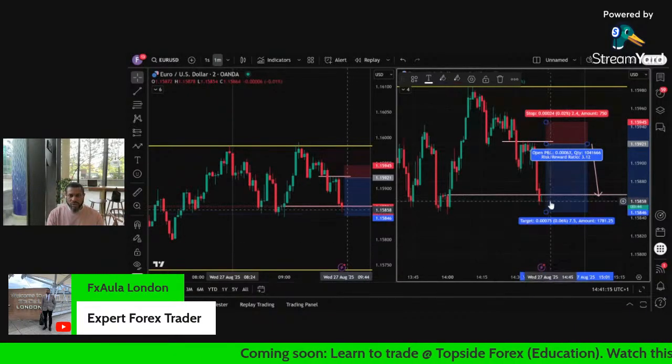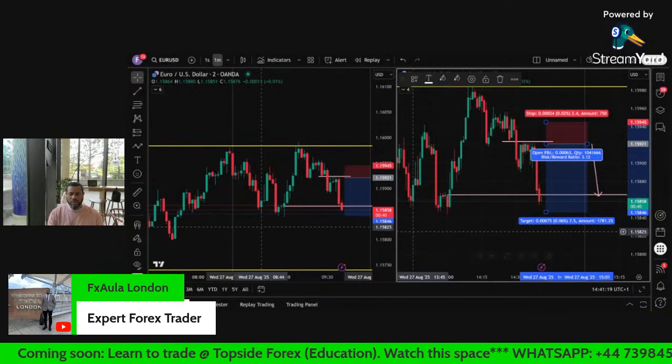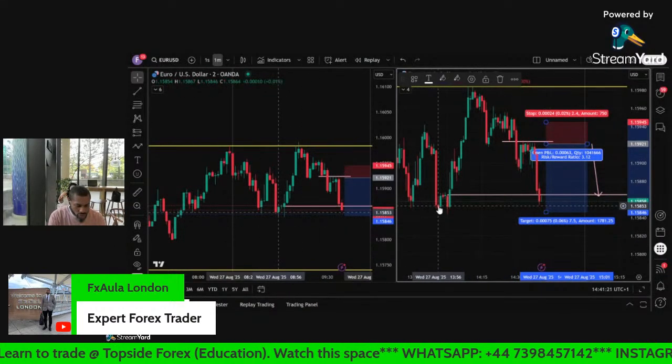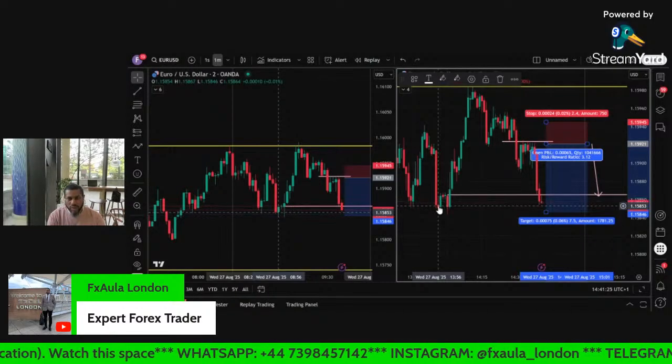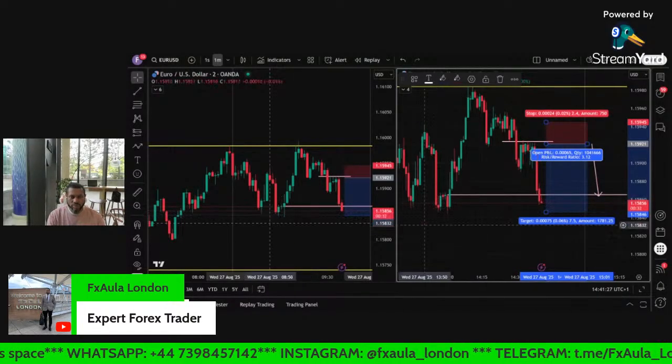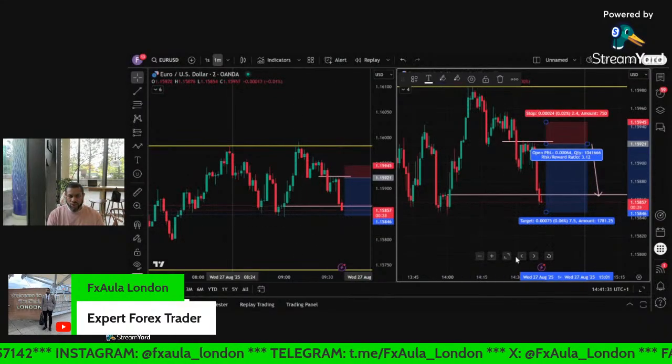Price can reverse anyway from here, but I want to see if price would actually play this. This is a sweet trade, very sweet.